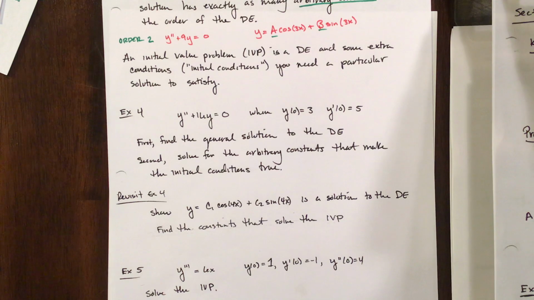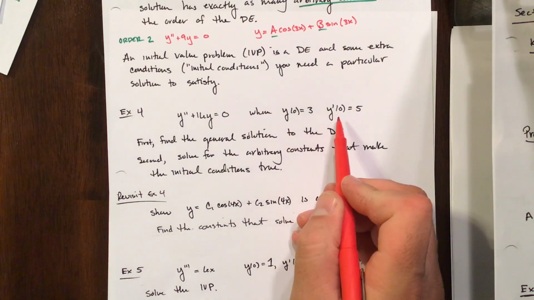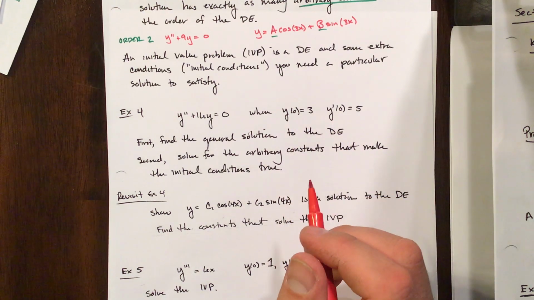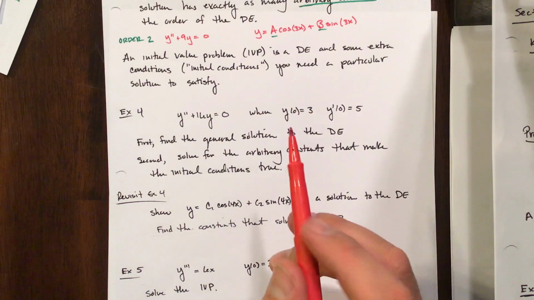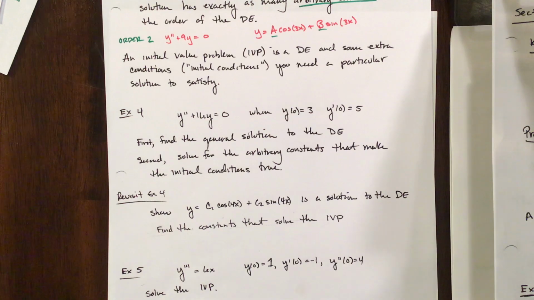We want to find the particular solution to this differential equation that satisfies the condition that y of 0 is 3 and y prime of 0 is 5. So first we're going to find the general solution to the differential equation, and then once we find the general solution, we're going to solve for the arbitrary constants that make the initial conditions true.